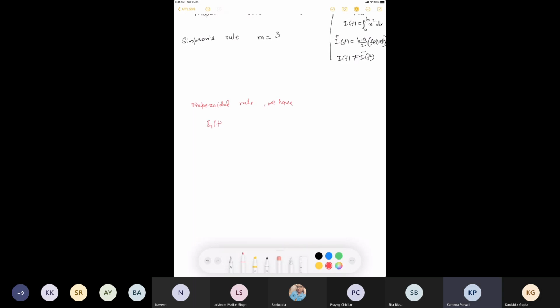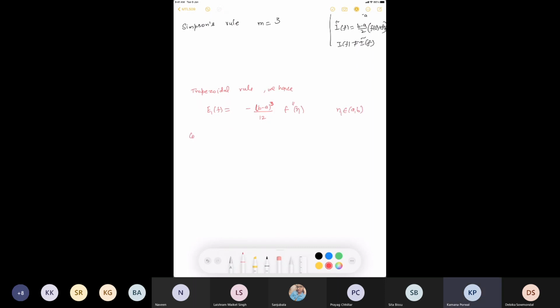Can you tell me what was the error formula we had obtained for simply the trapezoidal rule? Minus (b minus a) whole cube divided by 12 into f double prime at some eta. I think it was 12 or 6. It was 12, I think. Yes, ma'am. And f double prime at some eta. Eta is in the interval ab, right?